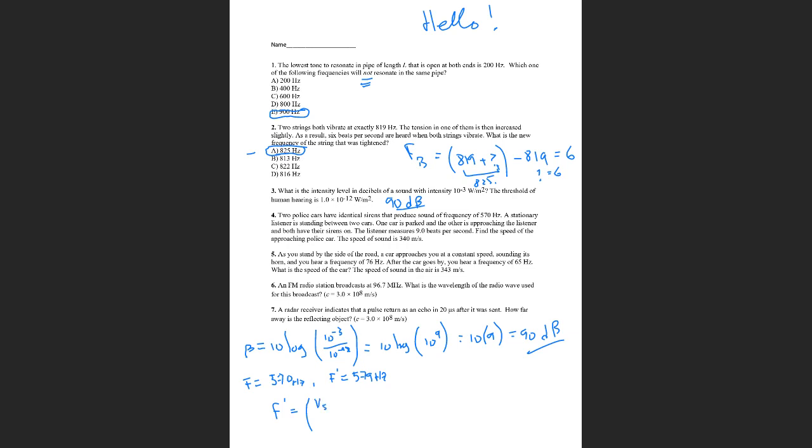So V sound. Yeah, upper, exactly. V sound. And we've got a plus and a minus. Up here we have the speed of the observer. The way the problem is worded, the observer is not moving, so we put a 0 here. And down here we've got the speed of the source.